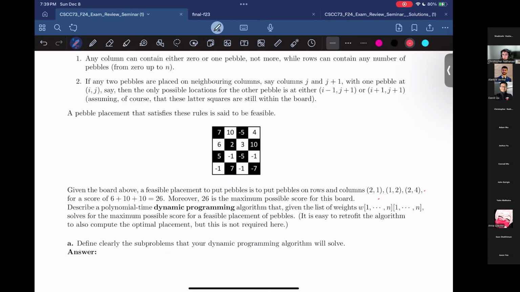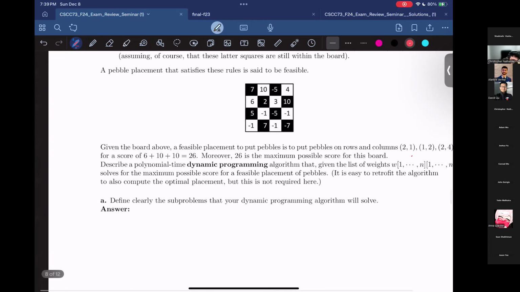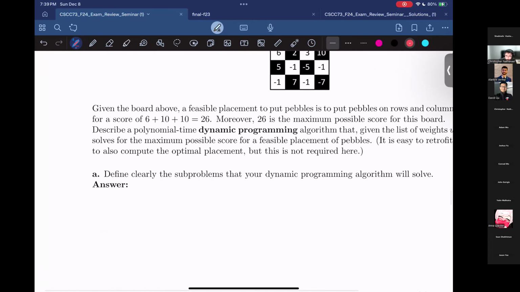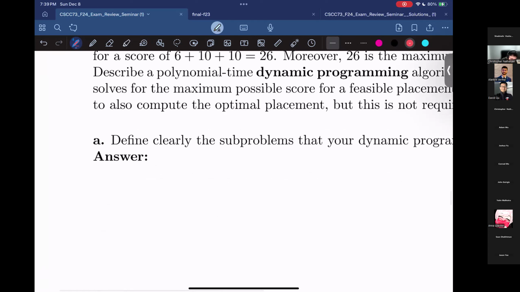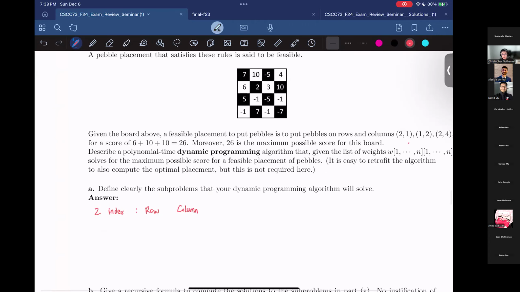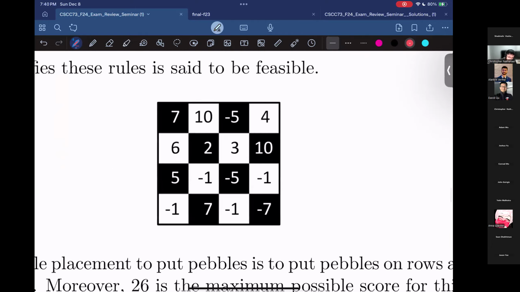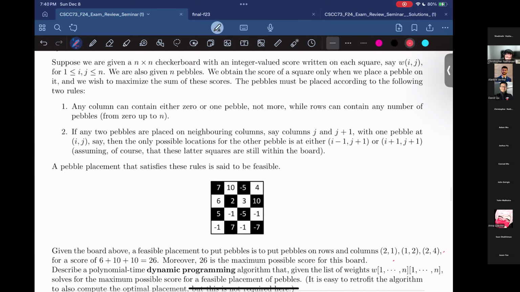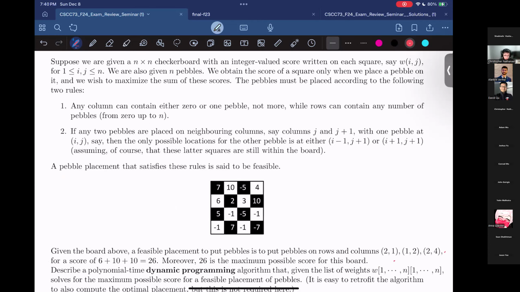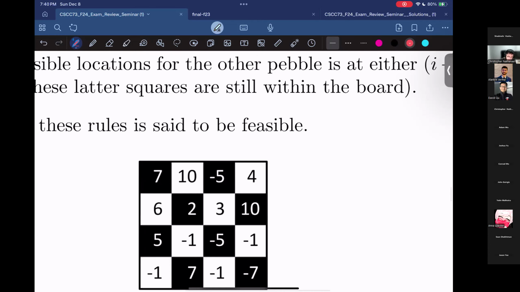So the hint, there's some kind of idea in here where we have 2 indices, right? We have 1 for the row and we have 1 for the column. There are no restrictions for the rows, and based on the restriction for the columns, each column can either have 0 or 1 pebble. And for the second one, it's like what we did just now.